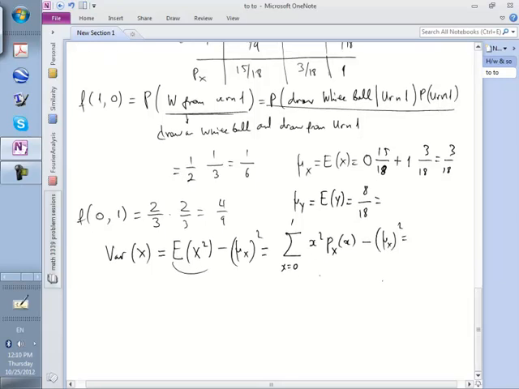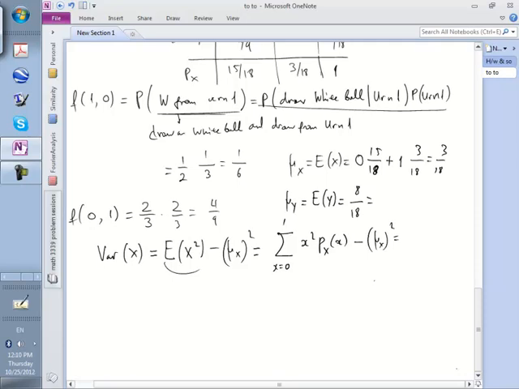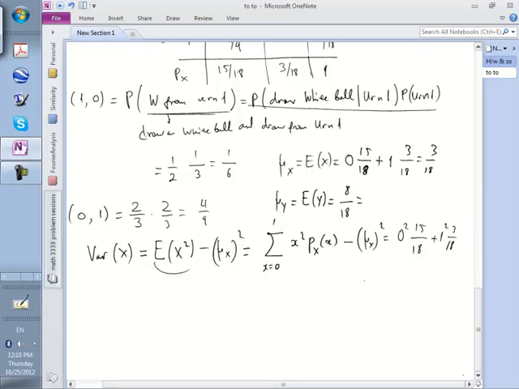So now you have two values here. 0 squared times the probability that you have 0, which is 15/18, plus 1 squared times 3/18. I still have the table here on the top so you can see it. It barely fits now on the screen.